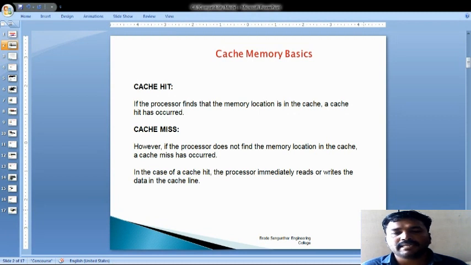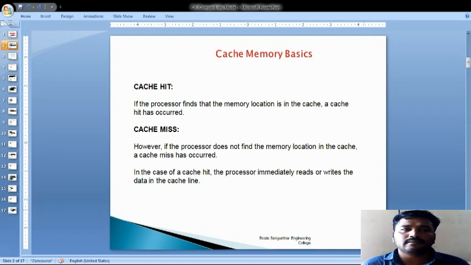Cache memory is the fastest memory that a computer will have. Whenever a request for a particular resource goes to main memory, the main memory will ask the cache memory associated with it whether the requested file is there in the cache memory.